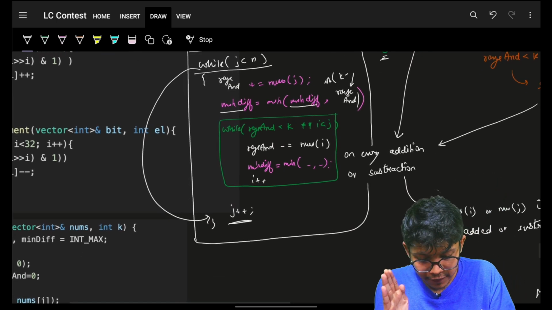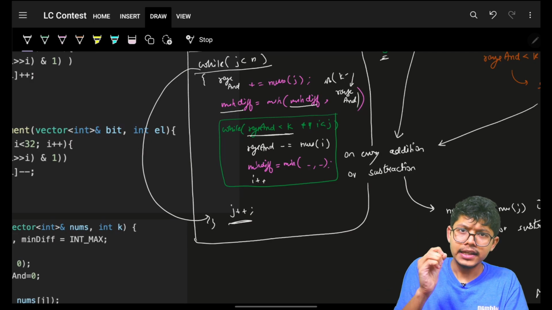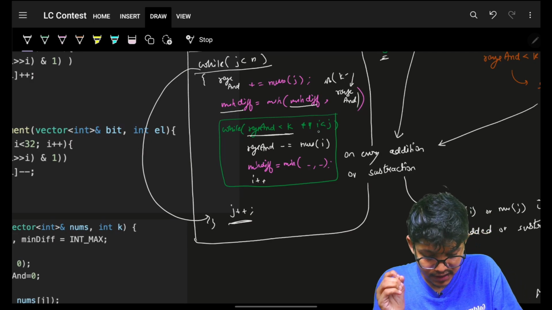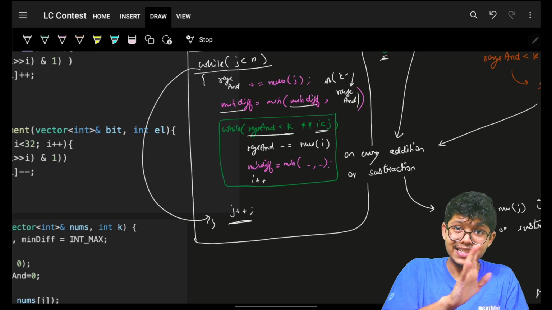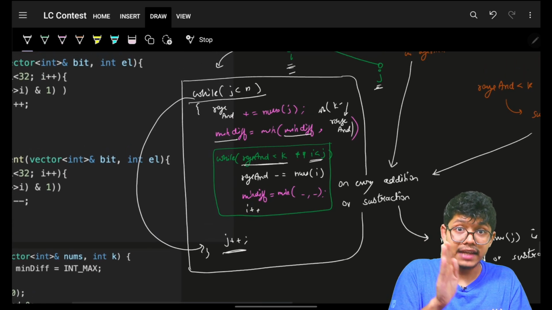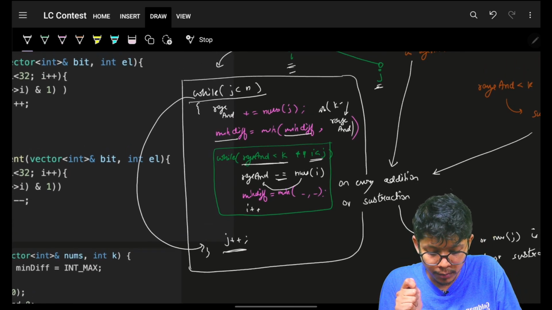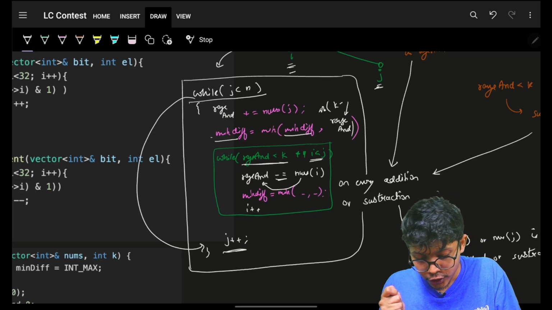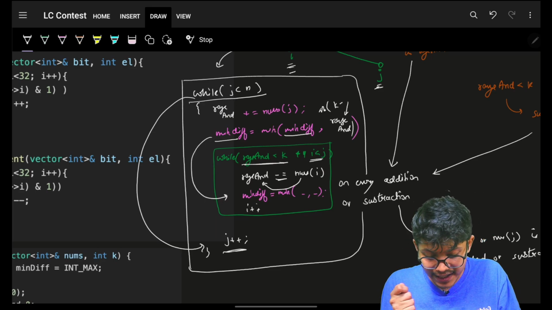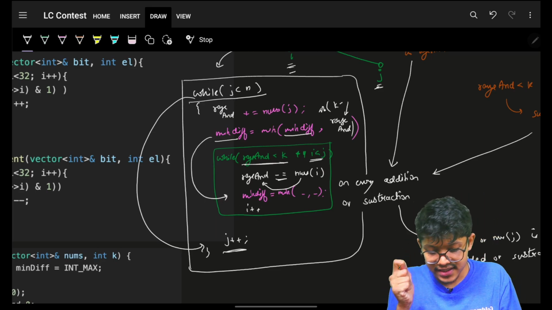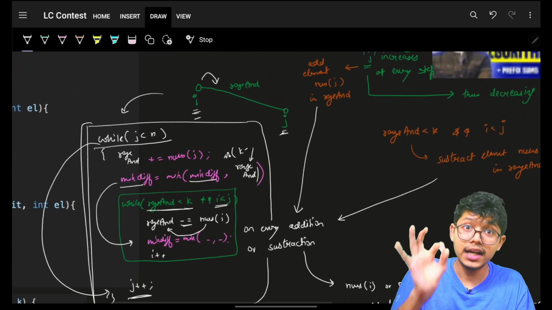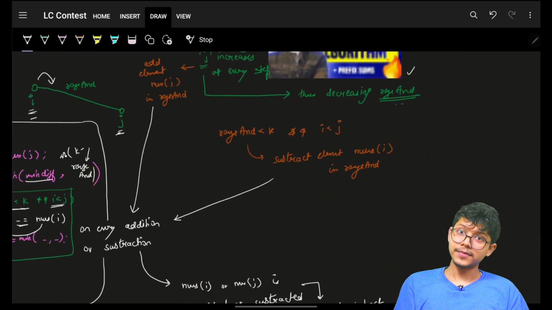So if my range AND becomes less than k, start shrinking my i. While i is less than j, which means shrink my i, which means remove the existence of nums of i from range AND. Make sure to minimize your diff again and make sure to increase your i. That's a standard template of our two-pointers.